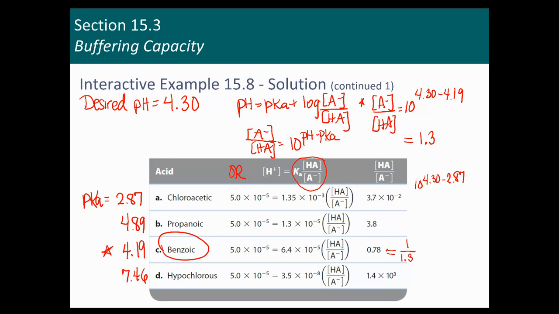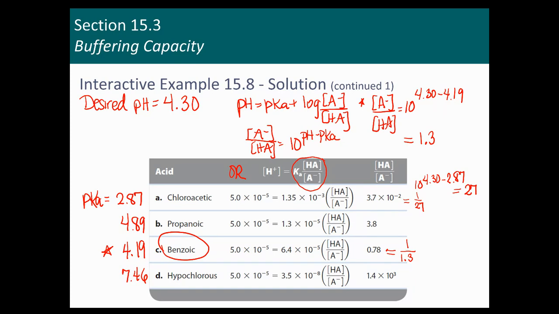That's a buffer ratio of 27, A minus to HA. And then 1 over that is HA over A minus. So that is really far from a desired buffer ratio of A minus to HA of 1.